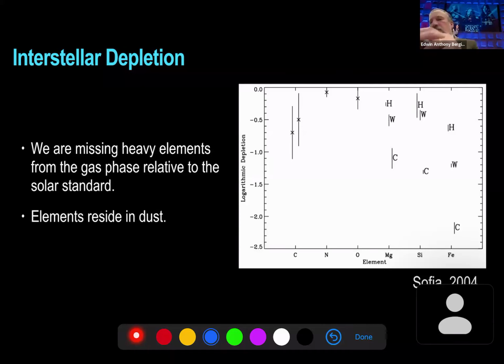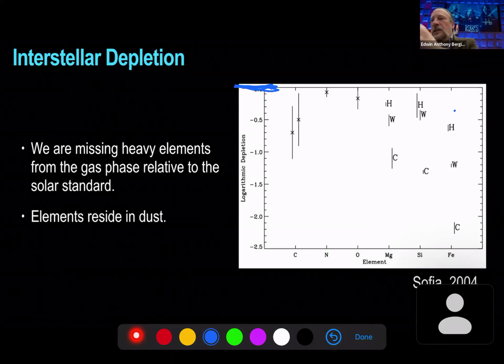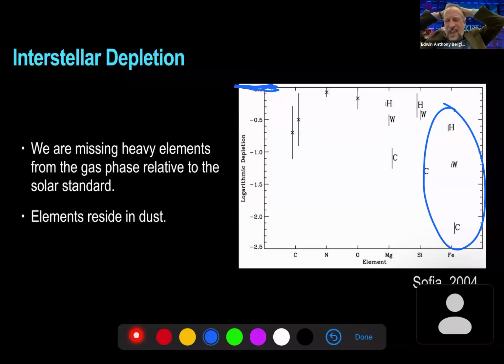So actually, it's probably better to think about it with iron. Most of the iron that we observe towards that Zeta Oph line of sight, this is normalized to the sun, is depleted. Now, why is that? What does that mean? So I'm looking at a gas phase absorption line of an iron atom in this instance, where I could be observing a molecule, but this is an atom.